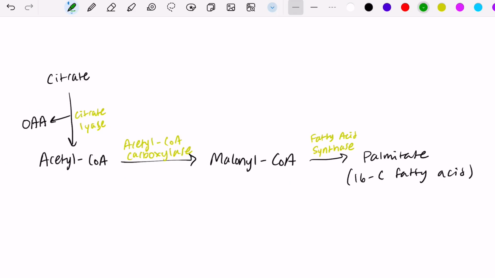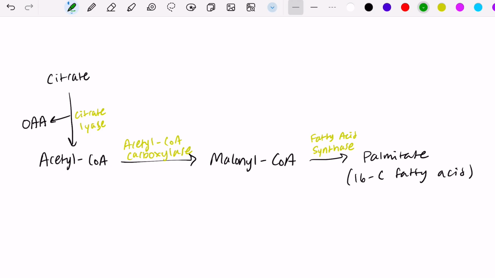All right, let's talk about some of the regulation of this fatty acid synthesis process. I've got a general summary of what's happening here. We have citrate, oxaloacetate, and acetyl-CoA there, and then going to malonyl-CoA, and finally palmitate, our final product, right? So what hormones are going to accelerate this process?